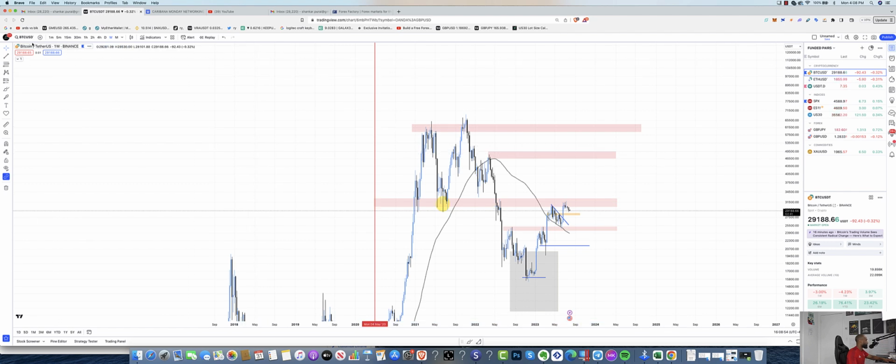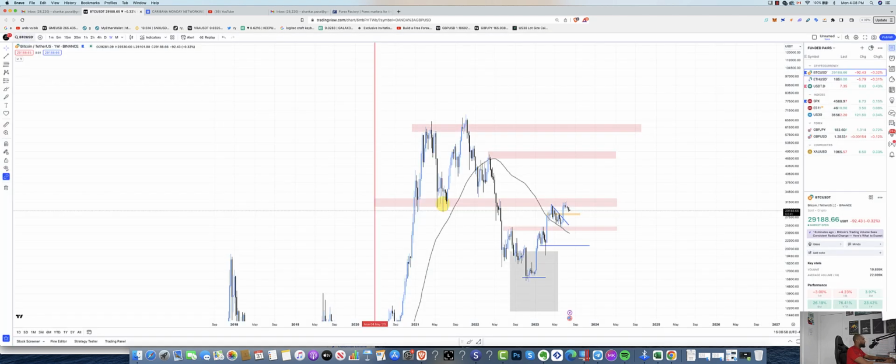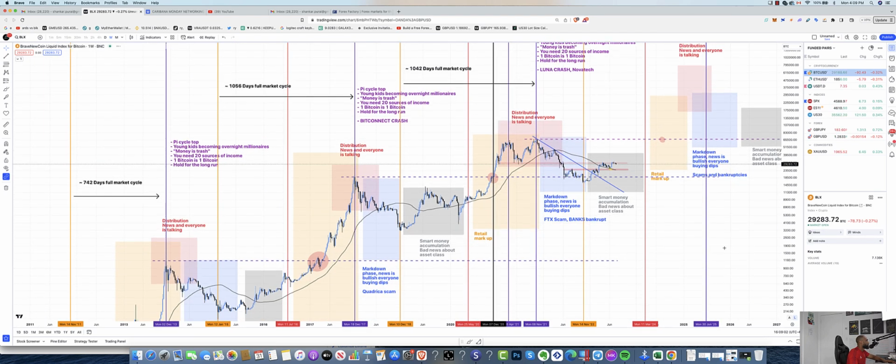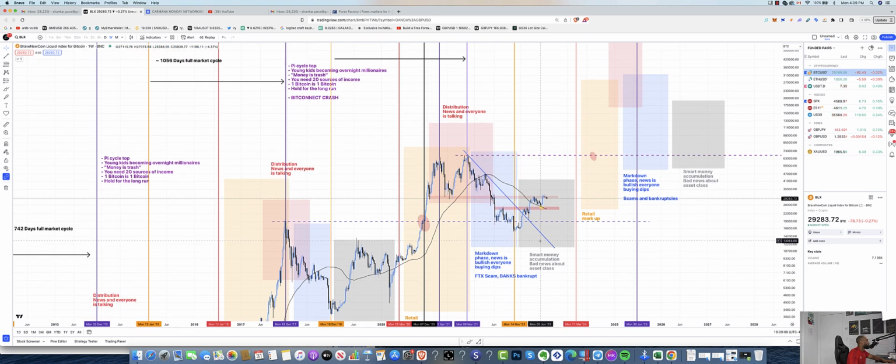And keep in mind that if we look at the BLX and the metrics we have, the model we have here, for the price of Bitcoin we're not really expecting anything crazy until closer to the halving.